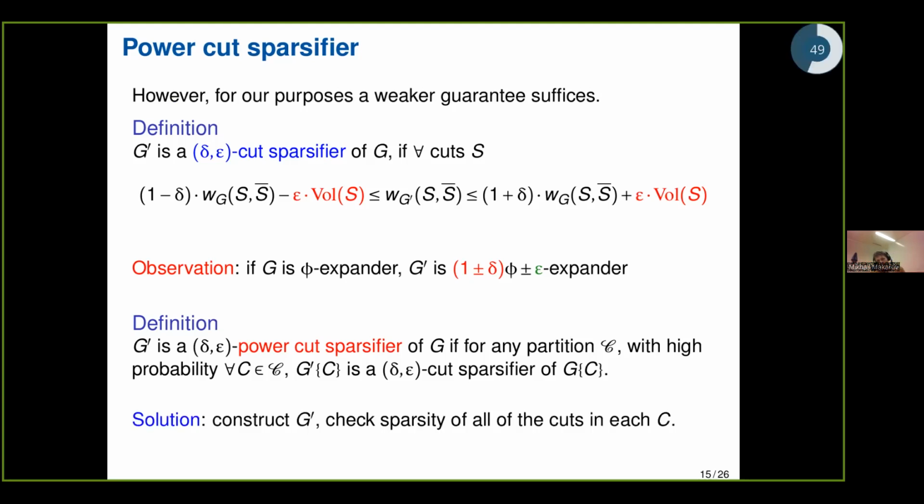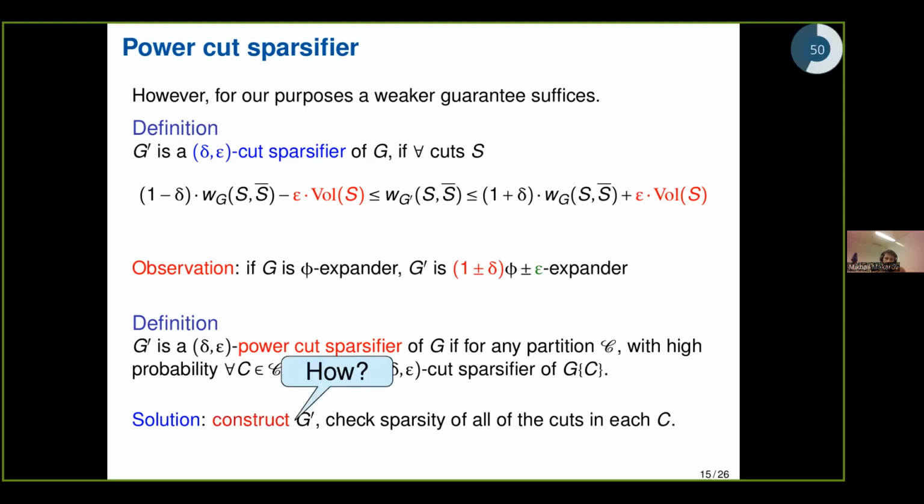Okay, and if we had such a power cut sparsifier, then the solution to our expander decomposition testing would be pretty simple. You would just construct G prime, then you would check the sparsity of all of the cuts in each cluster, and then we would make our decision.